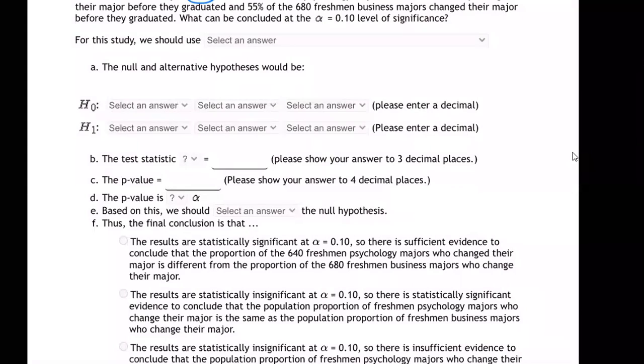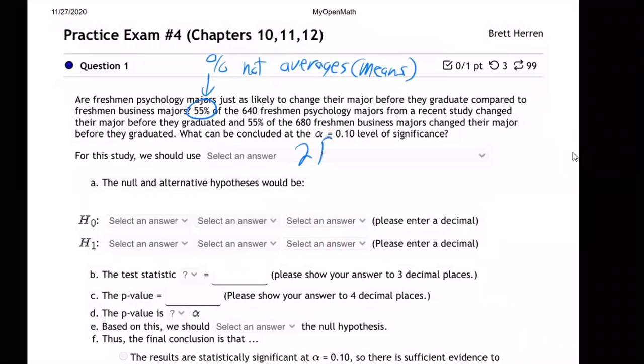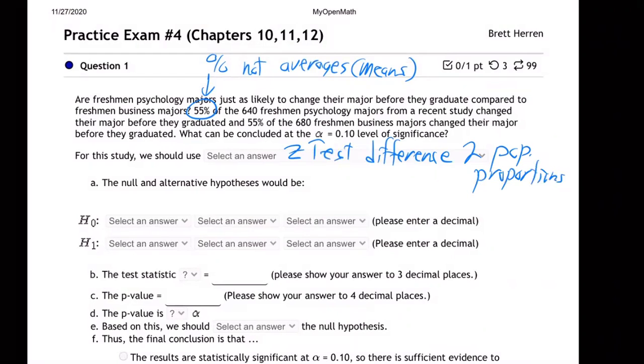So we're going to use the 2 prop Z test. I don't know the exact words it uses there. I could look it up real quick. Oh, Z test for difference. So the option you're going to choose is Z test for the difference between two population proportions.